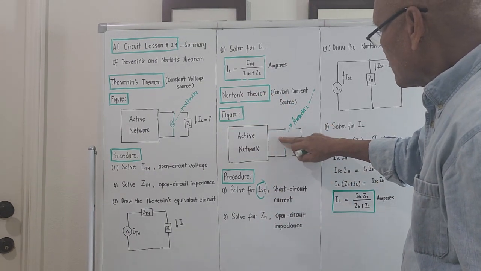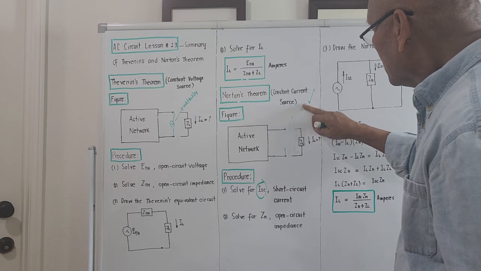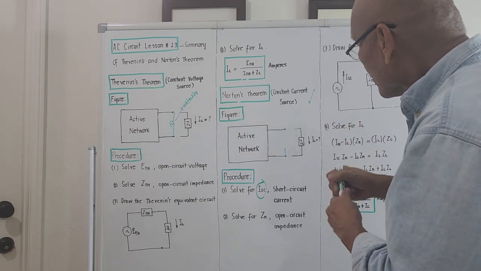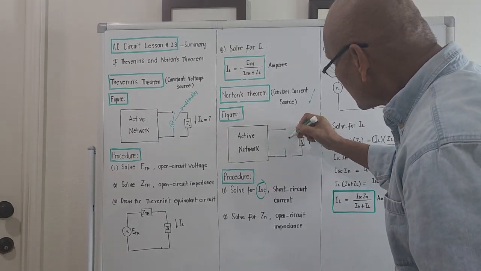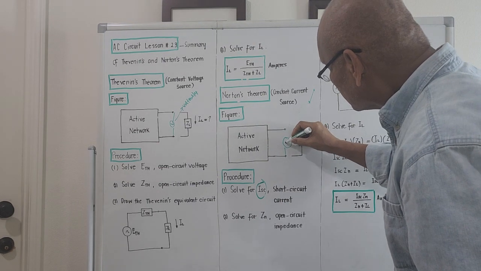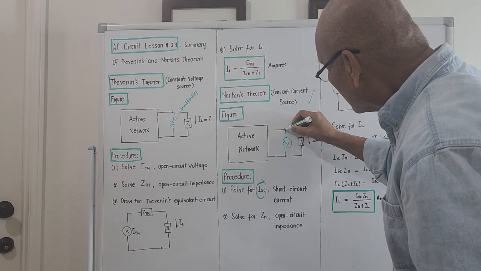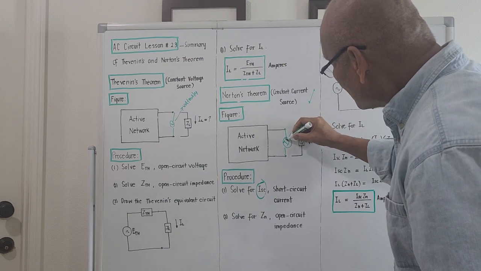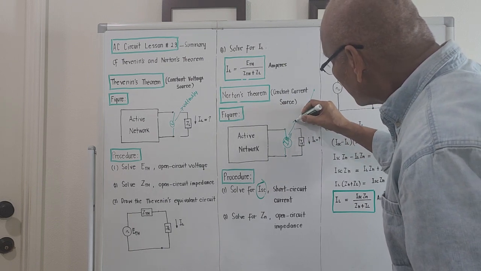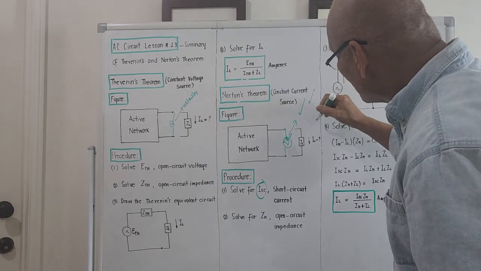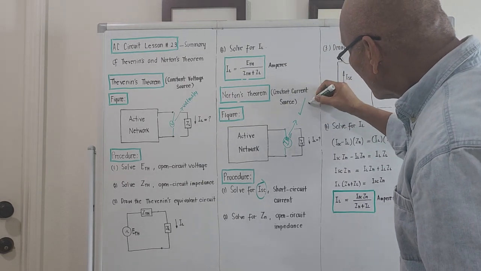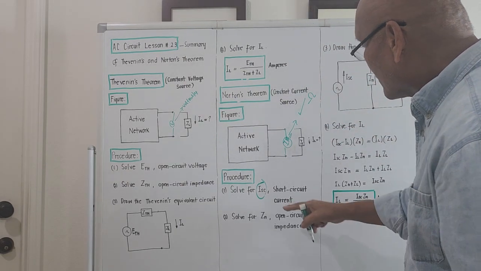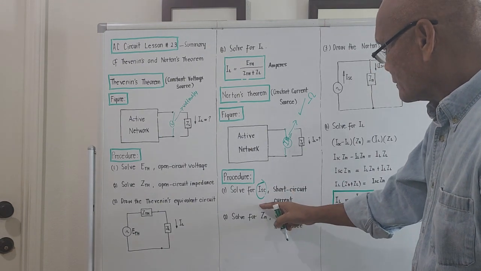You remove the short, you get an impedance meter, connect it across the terminal. So take the reading of the impedance meter. Of course, the unit will be ohms, right? And that is referred to as the so-called Z sub n.